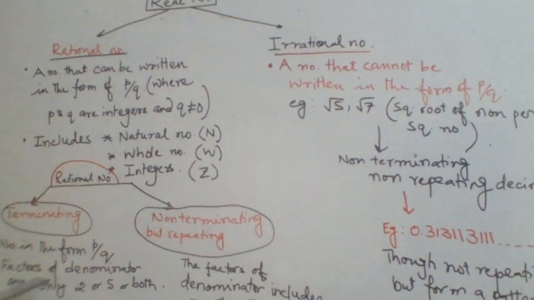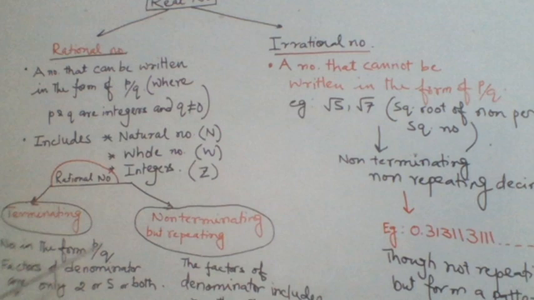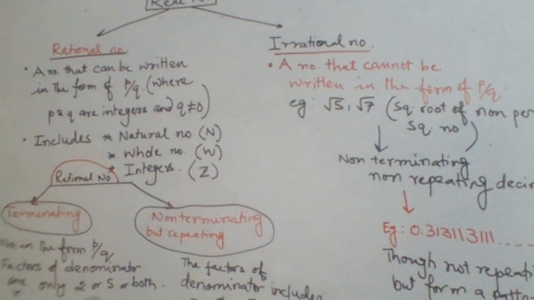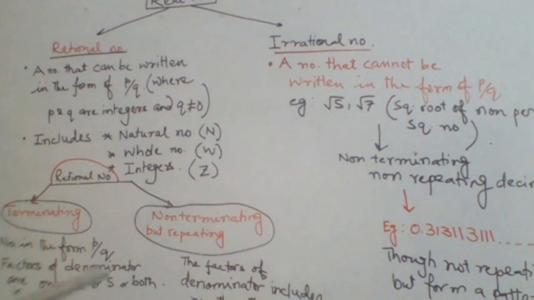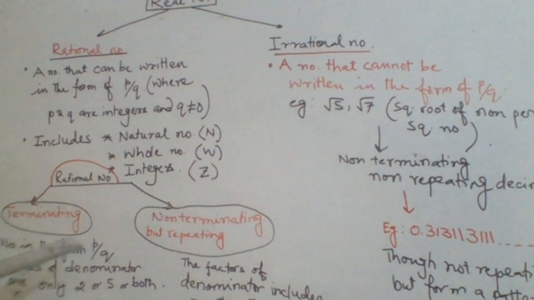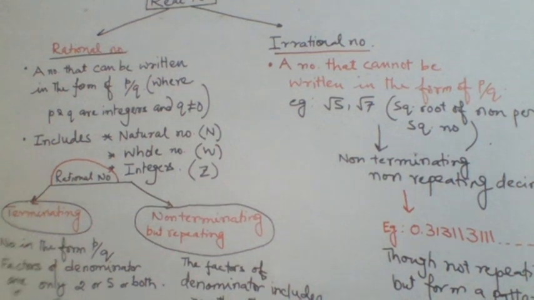Then for the factors of the denominator, you need not bother about the numerator. Nothing to do with the numerator. Just go and see the denominator. If the factors of the denominator are only 2 or 5 or both, no other numbers other than 2 and 5 in the factors of the denominator q, then that rational number is going to give you a terminating decimal.